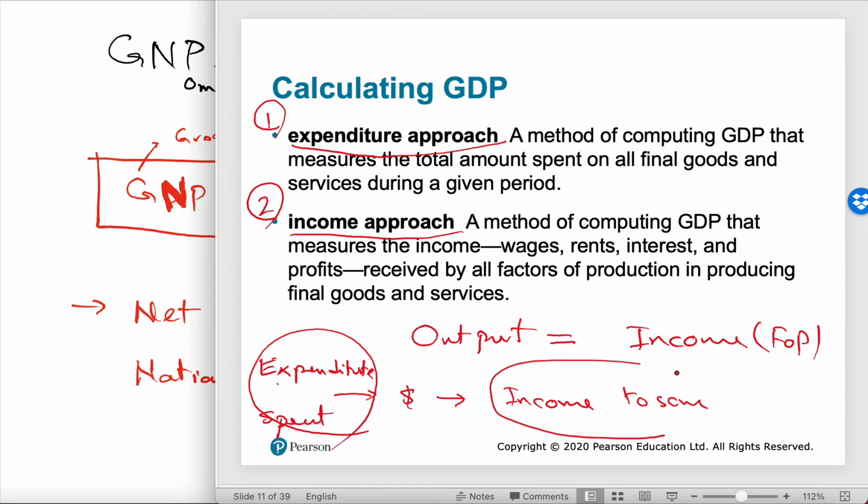Or we knock on their door and ask how much you have earned from the factors of production you own, like how much labor you have, how much salary you have received, how much you have sold your capital for, and how much you have rented your properties or resources. If we add them up, that is the aggregate income. If we add up how much they have spent, it's called the expenditure approach.